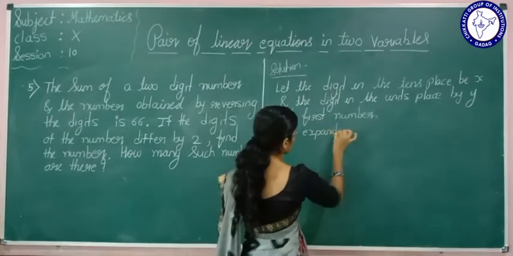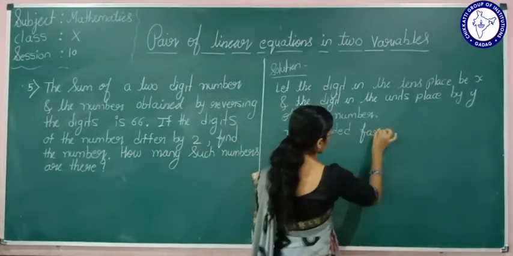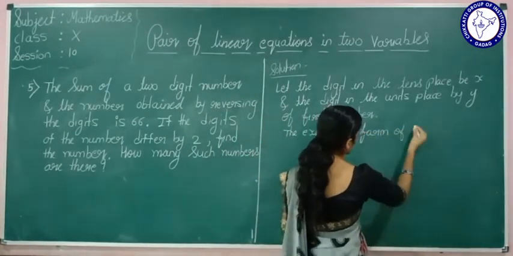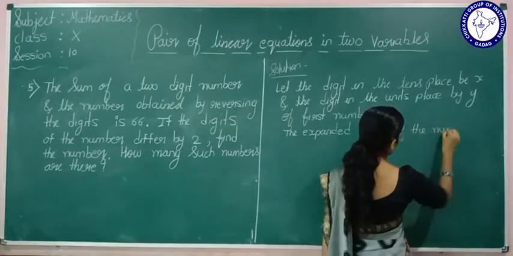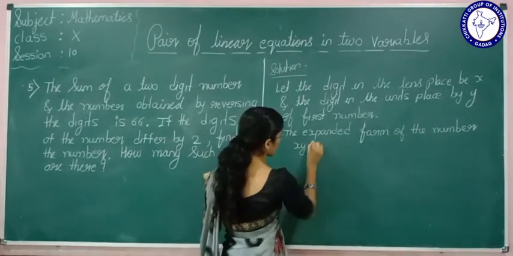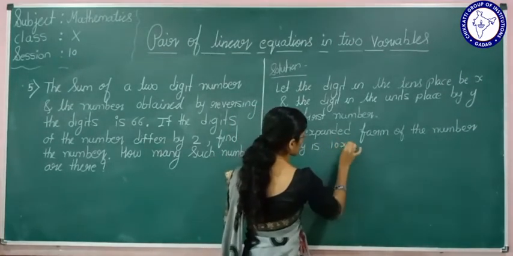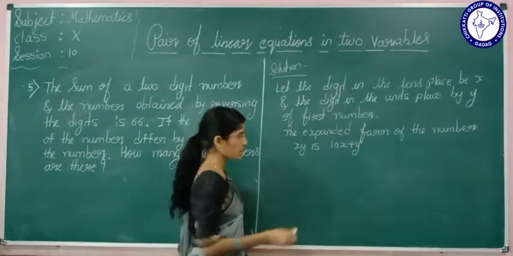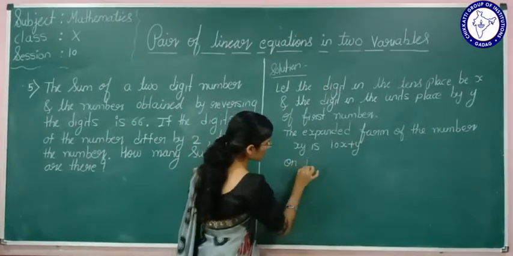See here, the expanded form of this number, how can we write it? What will the expanded form be, students? The expanded form of the number xy is 10x plus y. Okay. On reversing, what will it become?